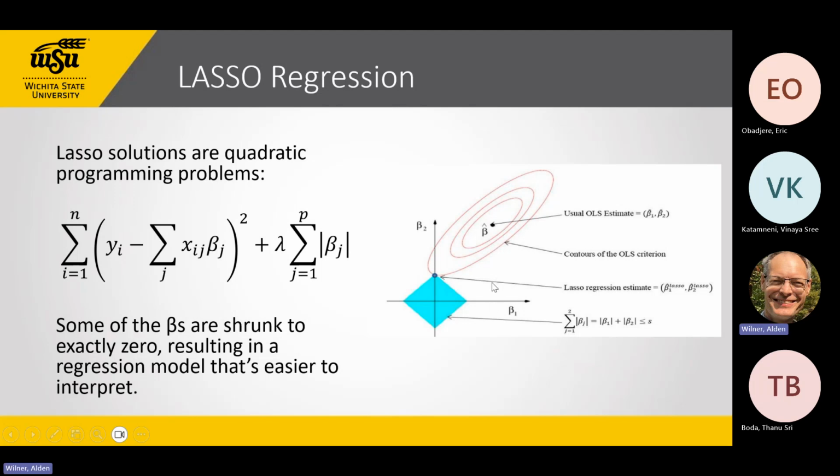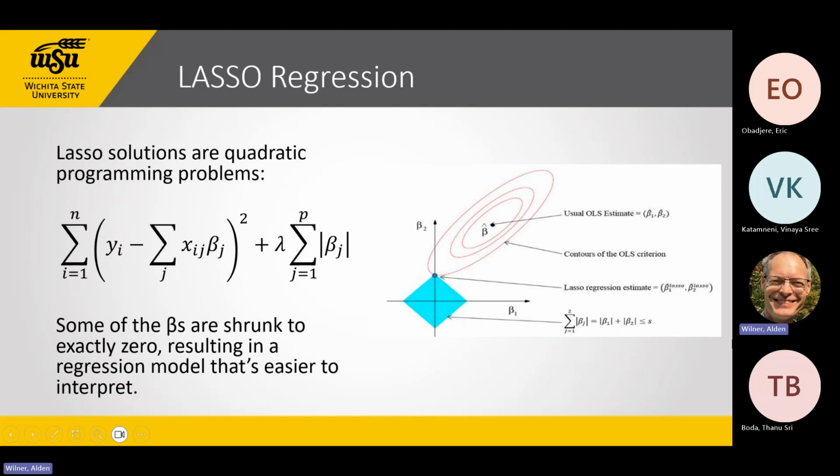If my lambda value is small enough, if I multiply this by a small enough value, then it's having minimal impact, and we'd have a giant diamond that would hit right there on the OLS estimate. As you constrain lambda higher and higher, it'll shrink further and further.